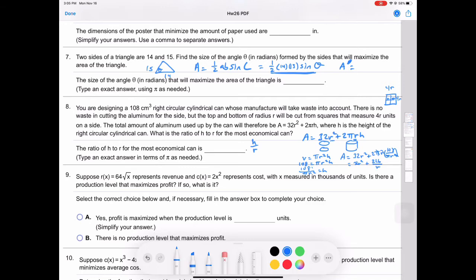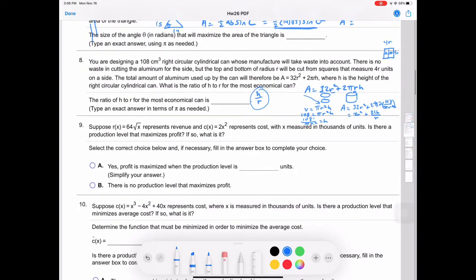And then we can take the derivative of this and set that equal to 0. And that is the basic process. After we find out what r is, we can plug it back in here to find what h is, and then we can just write that ratio that they asked for.